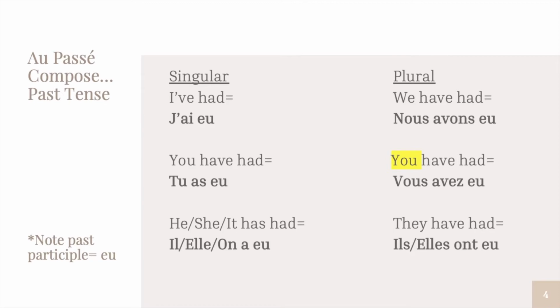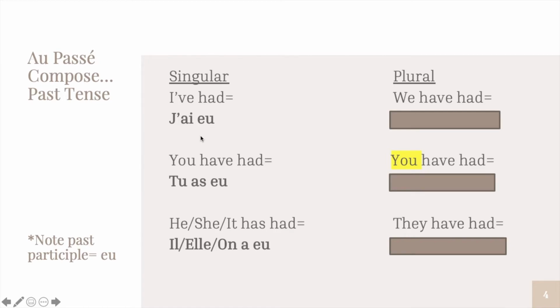And if you notice, with these six different forms, you can see that the past participle is eu. So really, you're not conjugating the past participle. It's more the first part of the verb.